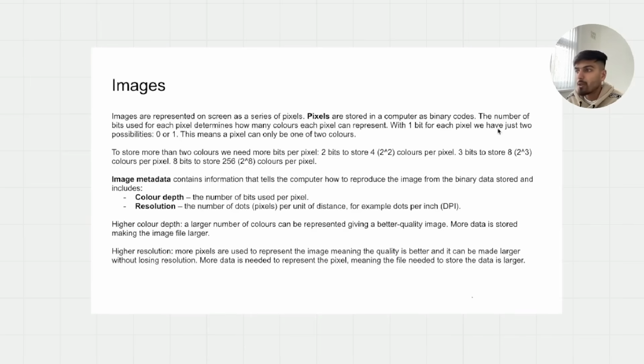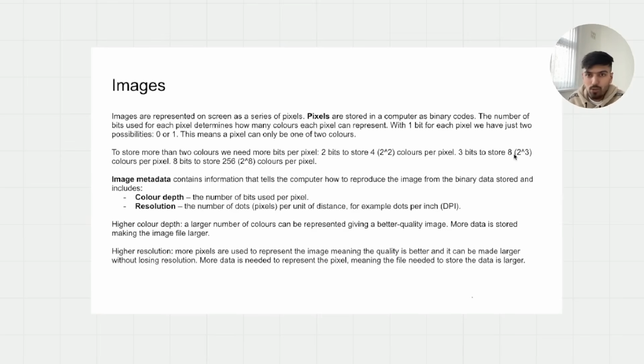With 1 bit, we can only have 2 possibilities, because in one bit you have 2 options, 0 or 1. And to store more than 2, we would need to use 2 bits. So with 2 bits, we have 2 to the power of 2, which is 4 possibilities of color, and with 3 bits, we have 8 different colors.